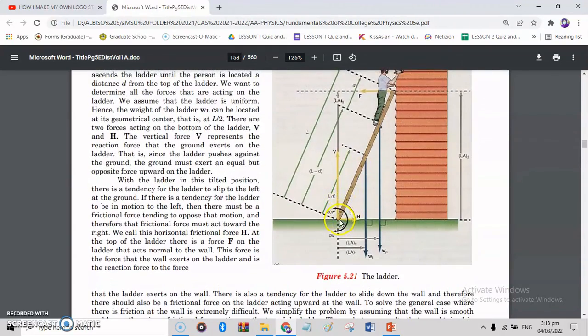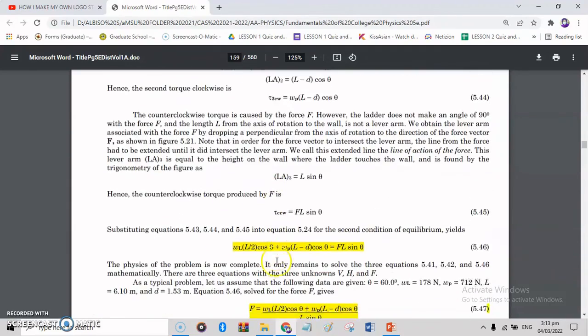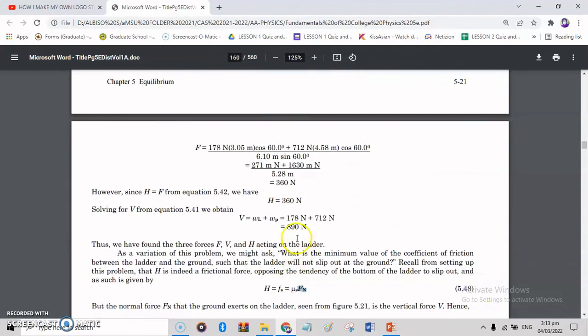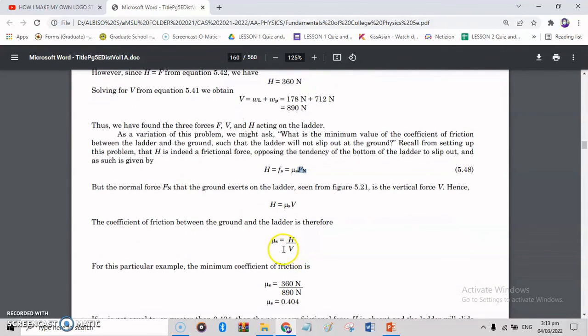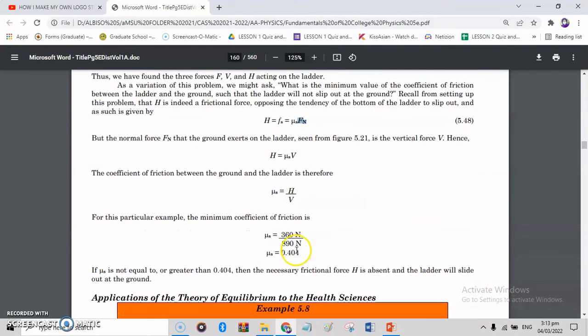From here, ano yung Fn dito? Syempre, yung pataas. Normal force is the vertical force. So, that is why V siya. Since Fn is just V, ayan na siya. So, mu s is equals to horizontal force over the vertical force, and that is 0.404.